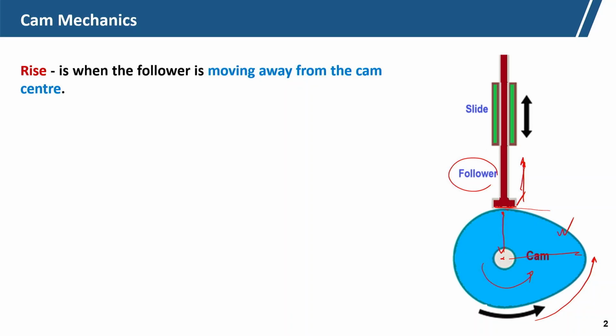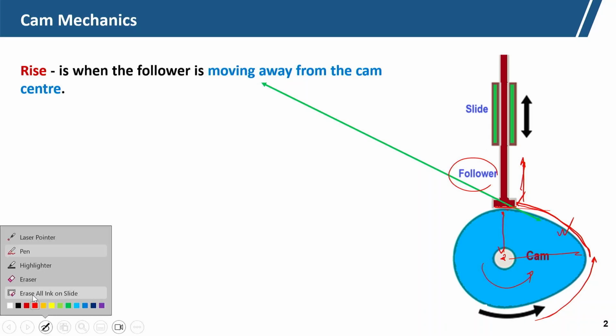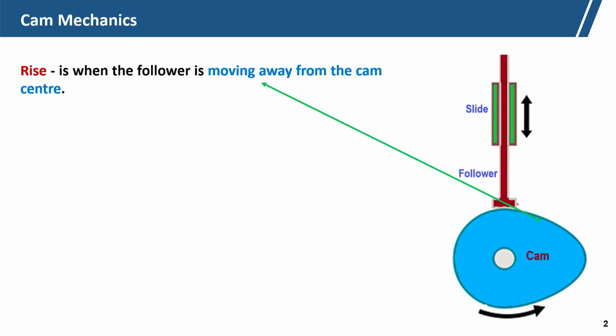So, the distance from the follower to the cam center is increasing, and that is called rise. That means, from the center the cam follower is moving away.